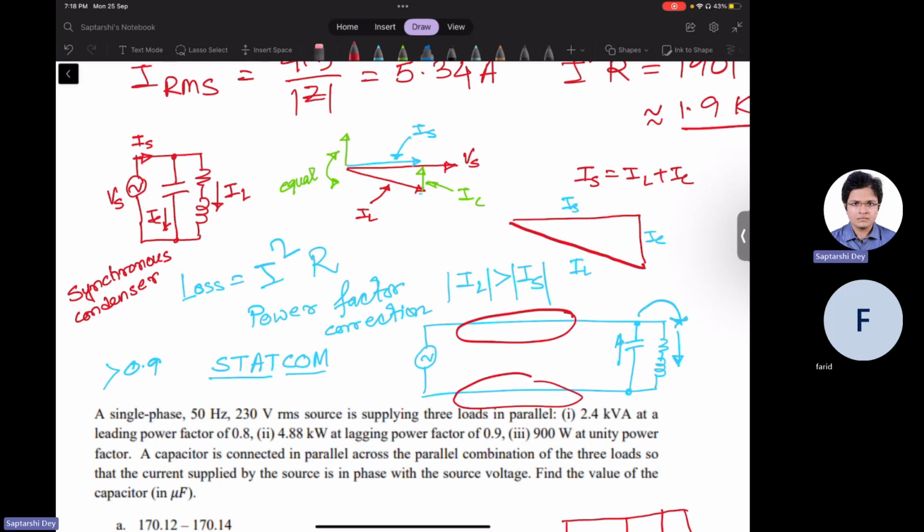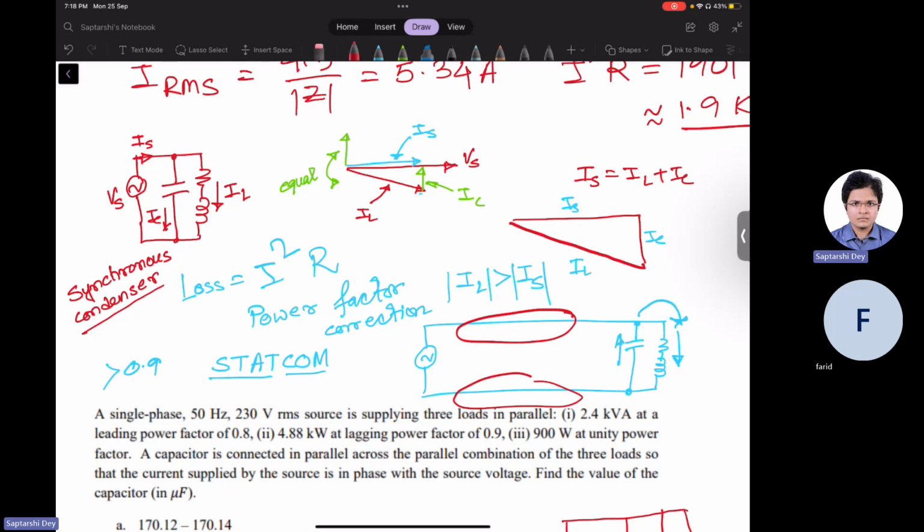Now, synchronous condenser, we will study these things later, is an overexcited synchronous motor. It's a regular motor, but its field excitation is made more than rated, overexcited. So this motor, along with its regular job, also puts reactive power in the system so that you can generate your reactive power locally.